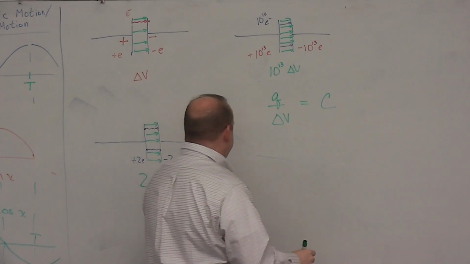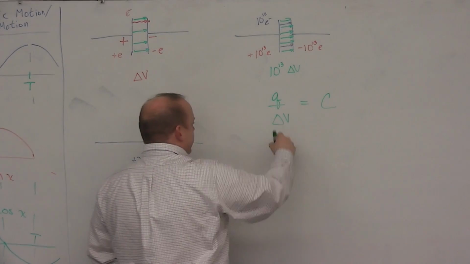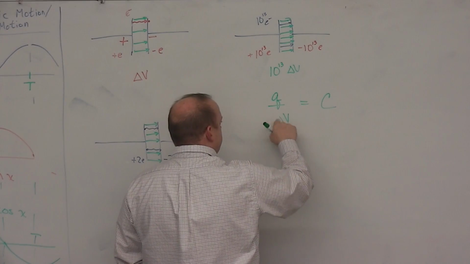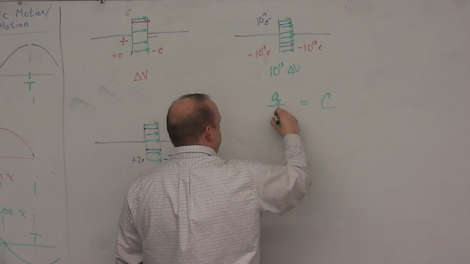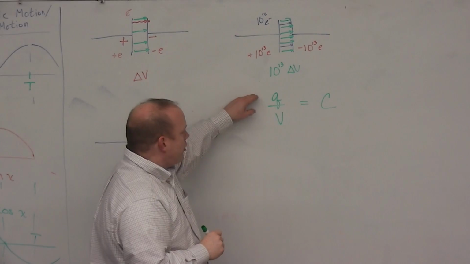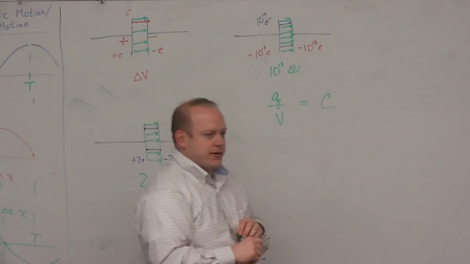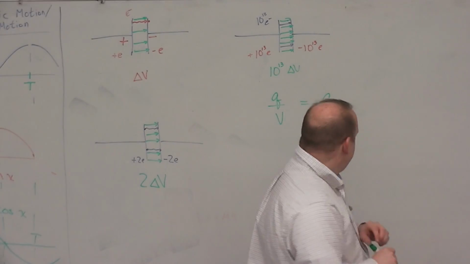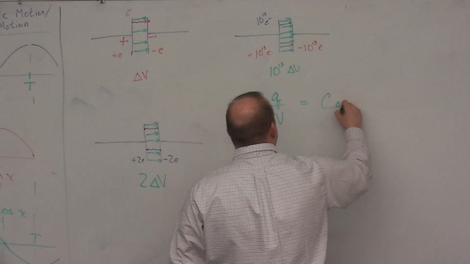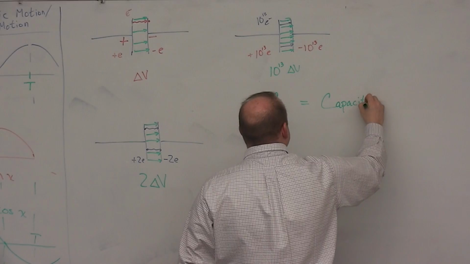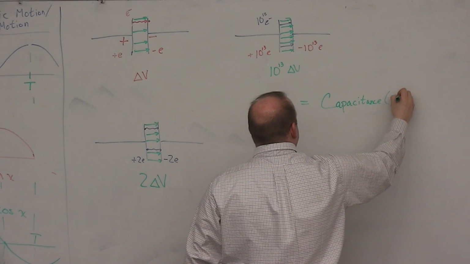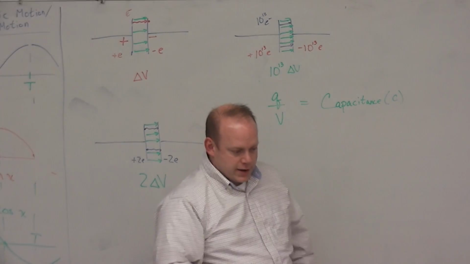And for historical purposes, we pretty much drop the delta V and we just call it V. So that ratio of charge to potential difference is equal to the capacitance, C. I'll write it out, capacitance, and it's C.